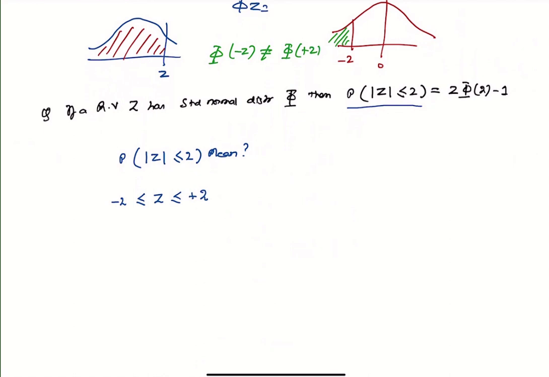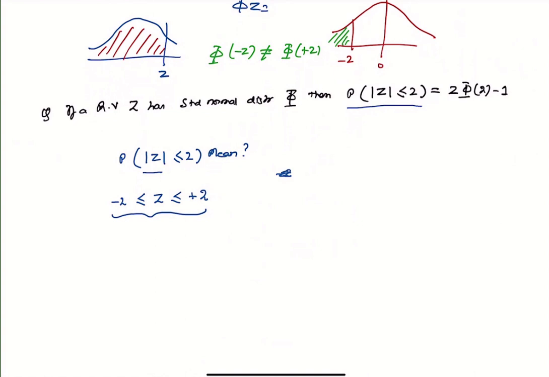So once we know this information, that the absolute value of z less than or equal to 2 means that if it is minus z, it is more than minus 2, and if it is plus z, that it is less than plus 2.